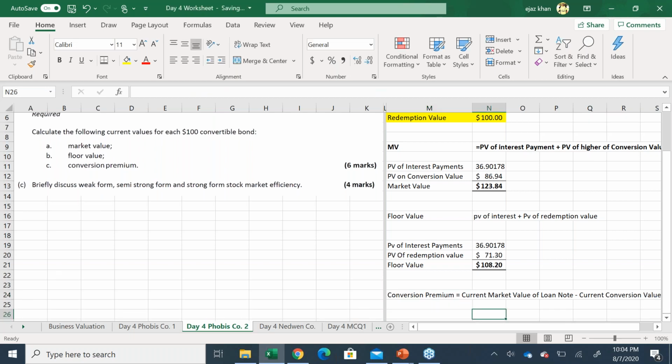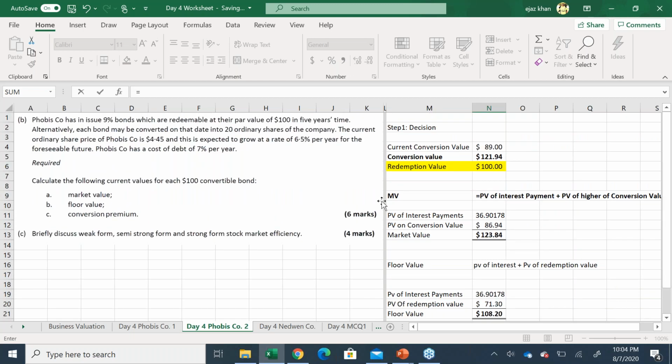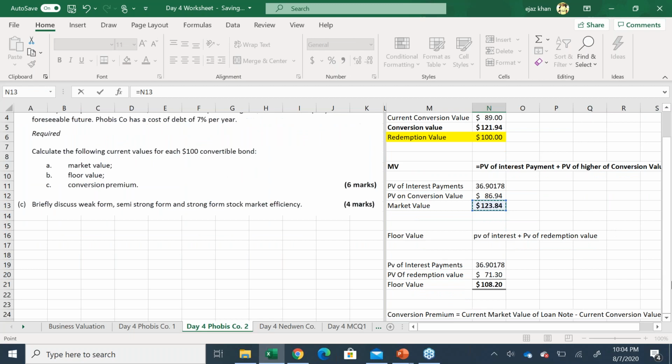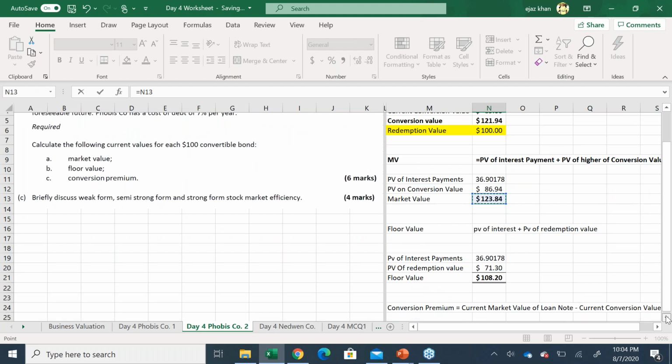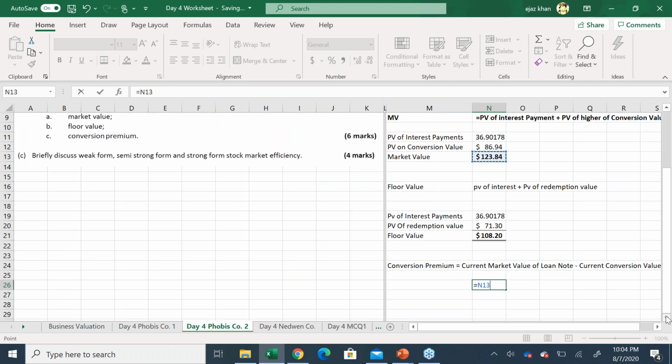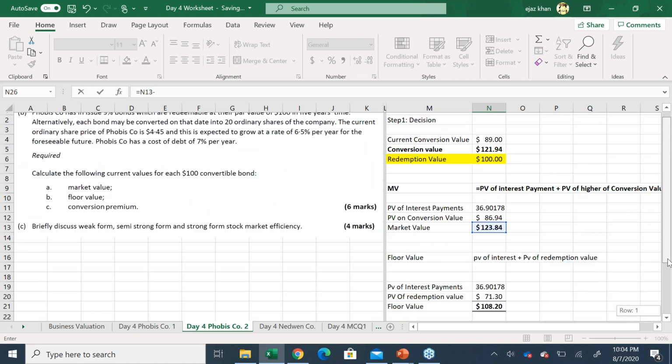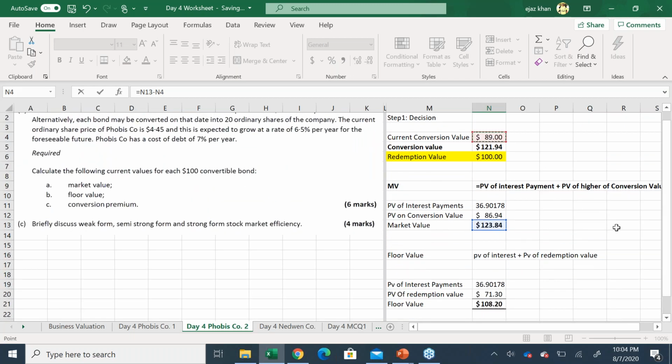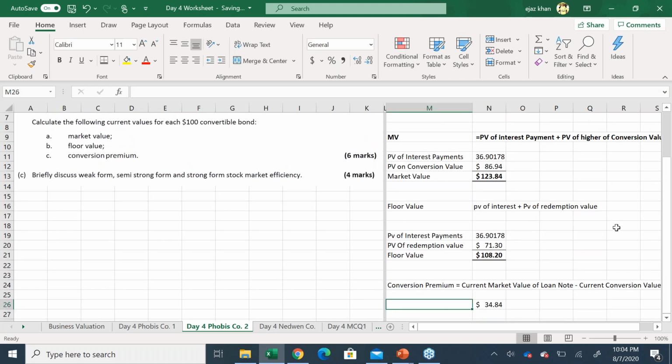So the current market value in the question for the debenture is that we have just calculated. That's 123.84 minus the current conversion value that I calculated earlier, 89. This 34.84 is the conversion premium.